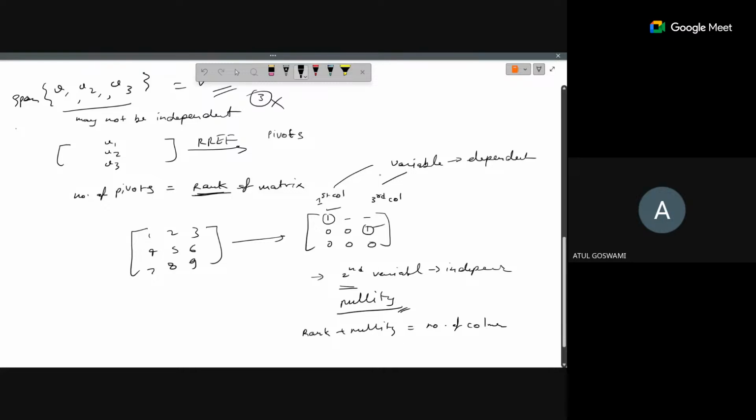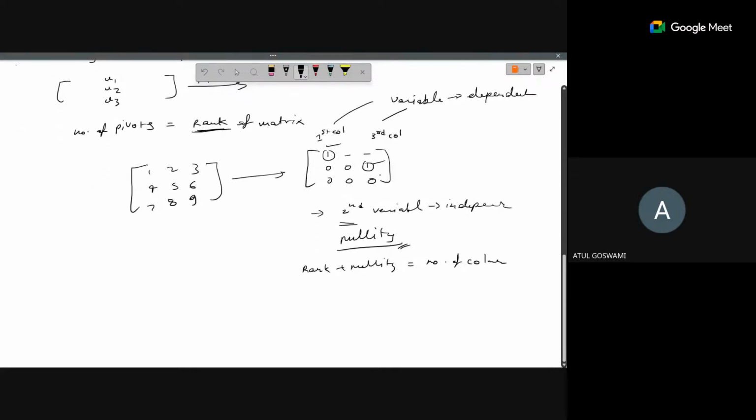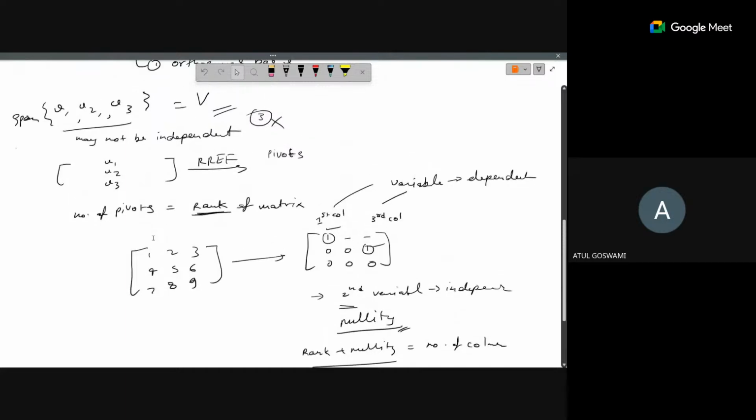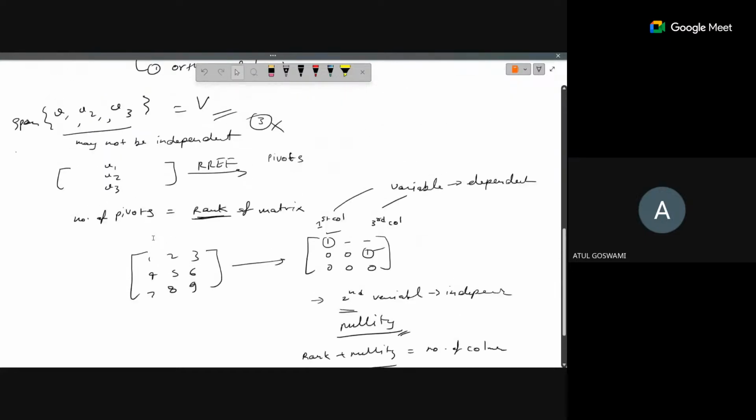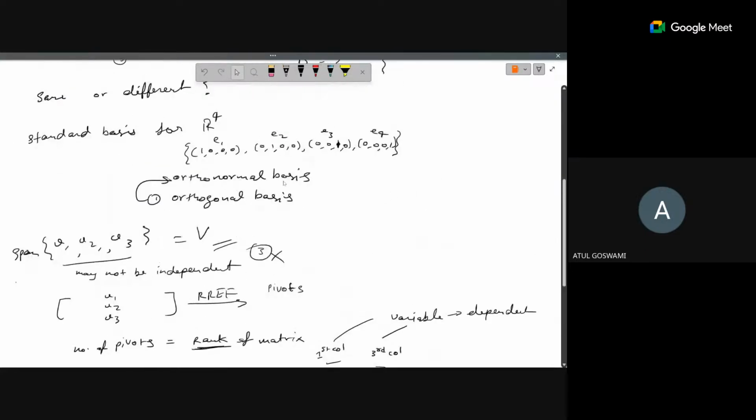We will prove this next week. Why I'm telling you this is so that you get the motivation, because we are not studying random terms like rank, dimension and basis. We will go towards orthonormal basis and orthogonal basis, and there they make a lot of sense.